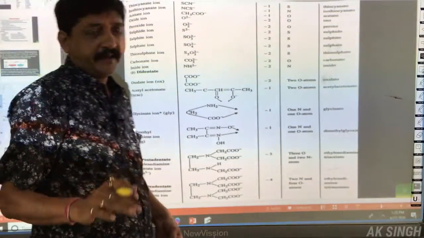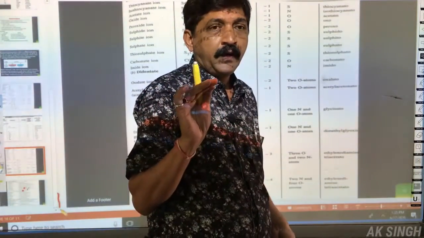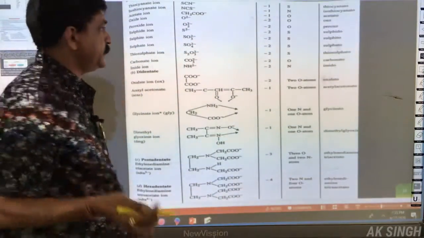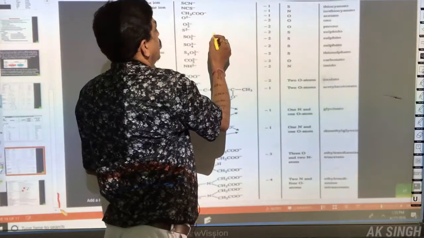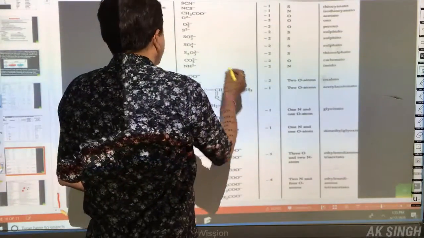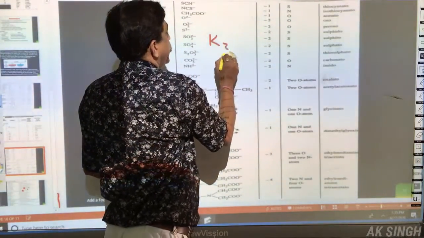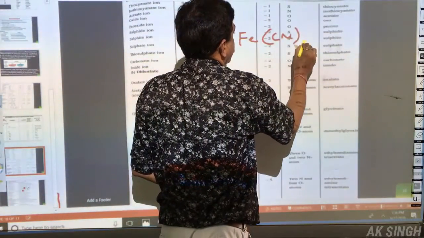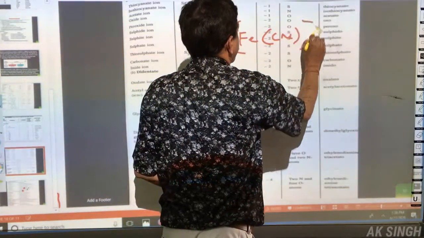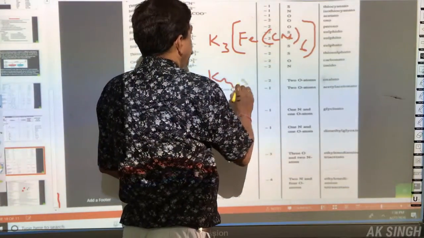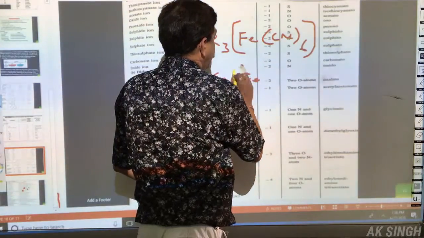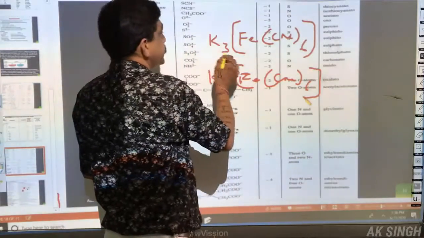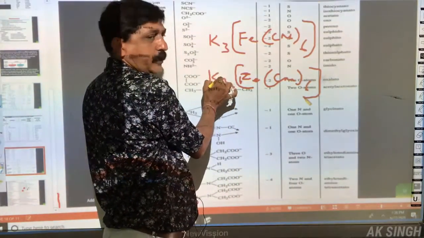So with the help of these, we can name any coordination compound. A quick revision. Let us take this example: K3[Fe(CN)6], which I have already explained, and K4[Fe(CN)6]. The nomenclature: potassium for this, potassium for this.